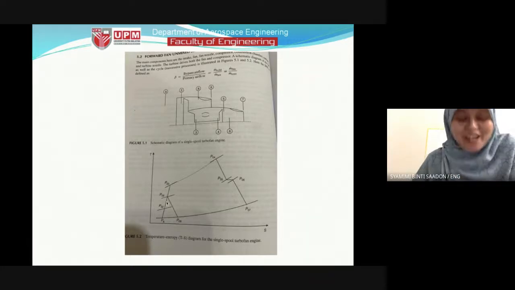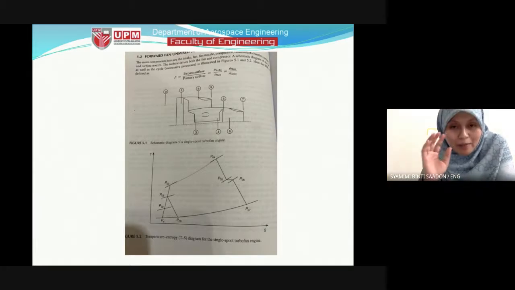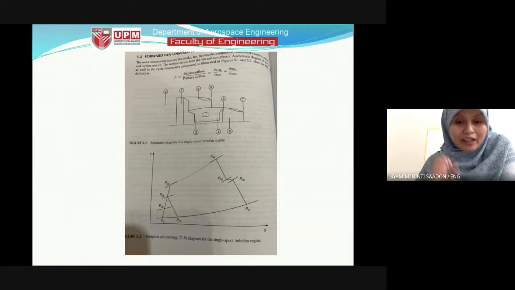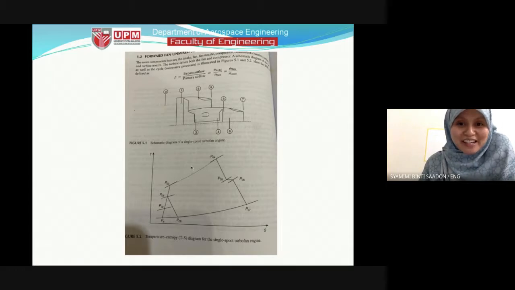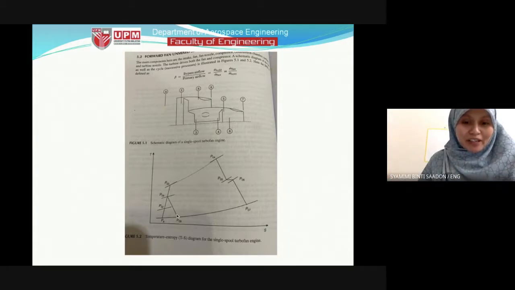Because of the fan, we have two airflows, the bypass airflow and the core engine flow. Remember the cold air and the hot air, the core duct and the fan duct. From this point, 8 is actually at the bypass duct, and 8 to 9 is the exit.